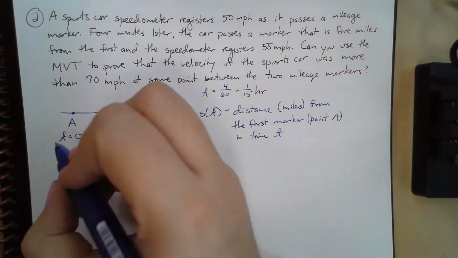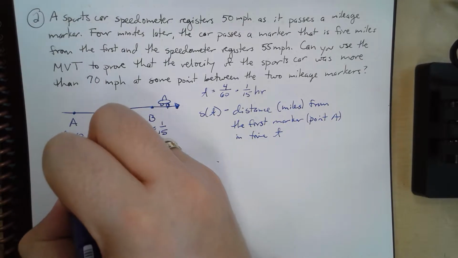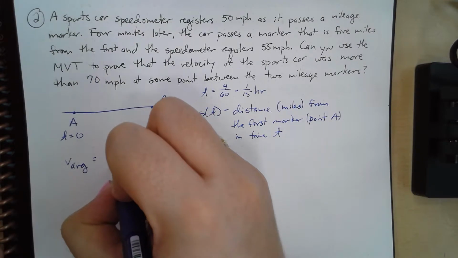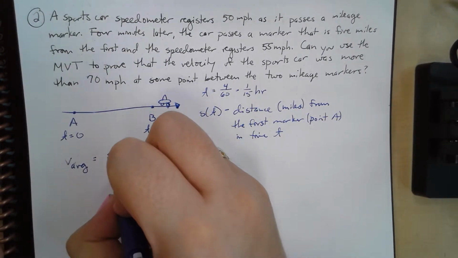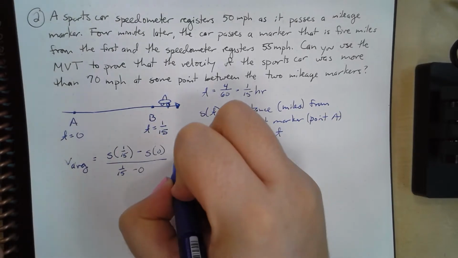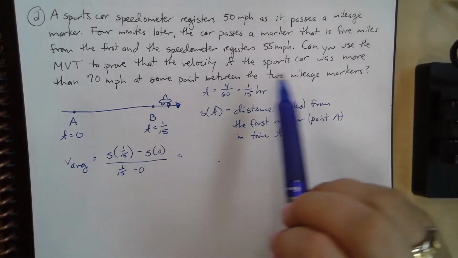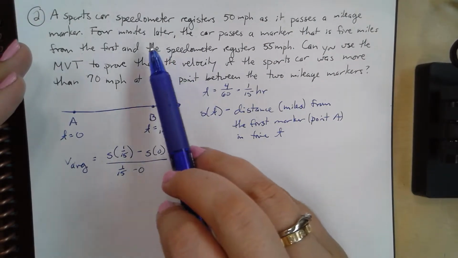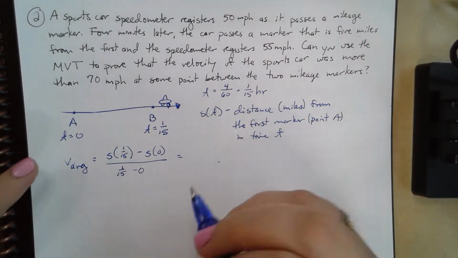Well, we can take our average velocity, right? So that's going to be s of 1/15 minus s of 0 over 1/15 minus 0. At s of 1/15, we don't have a function here, but we were actually given that. 4 minutes later, that was our time, 5 miles from the first.